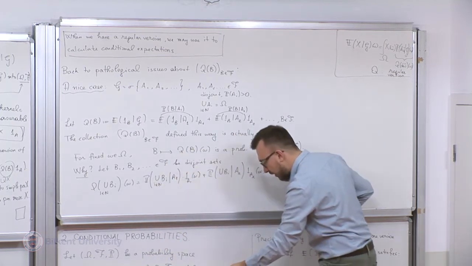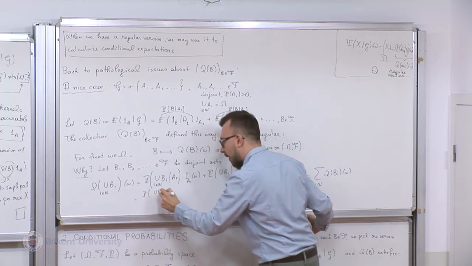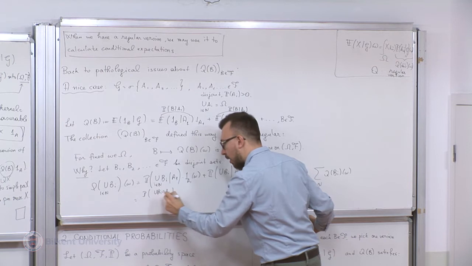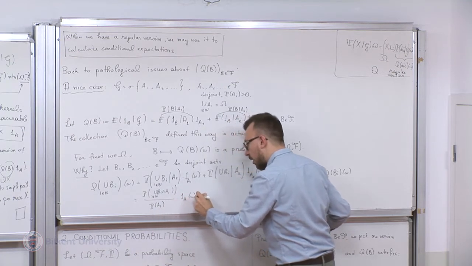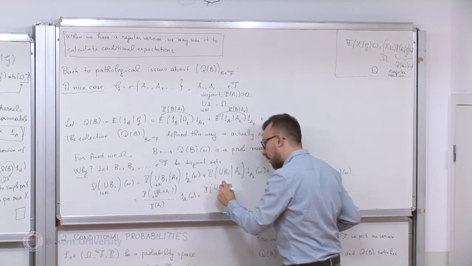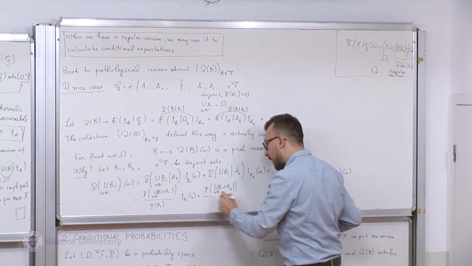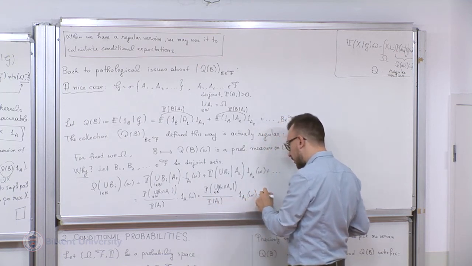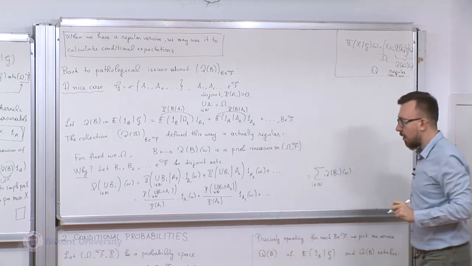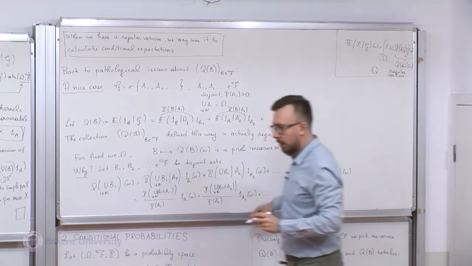It is simply probability of the intersection divided by probability of A1, probability of the intersection divided by probability of A2, etc. Okay, let me proceed here.